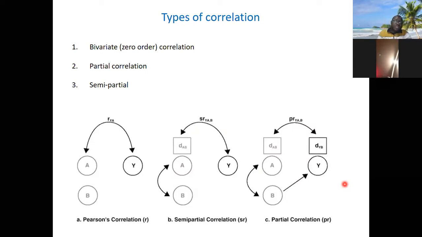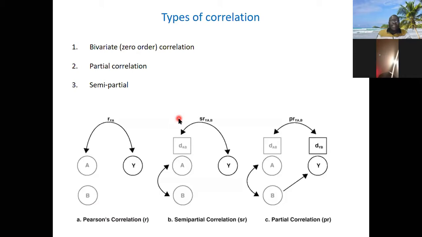We just try to depict it. This first one is the bivariate, the normal one we know. We are looking at the correlation between A and Y. Even if B is there, you just leave B. B may have a relationship with any of them, but you didn't bother yourself about B. That is bivariate or zero order correlation.